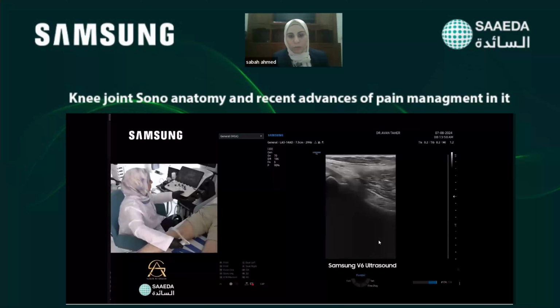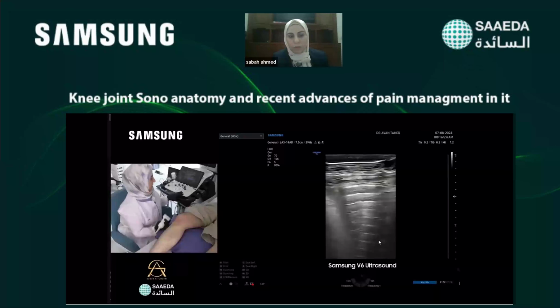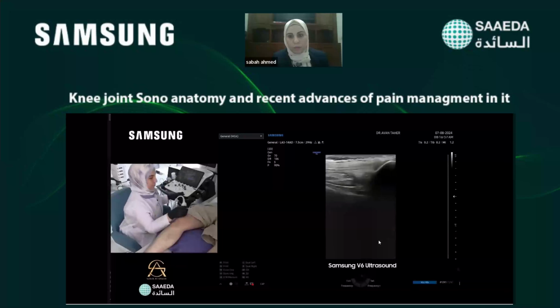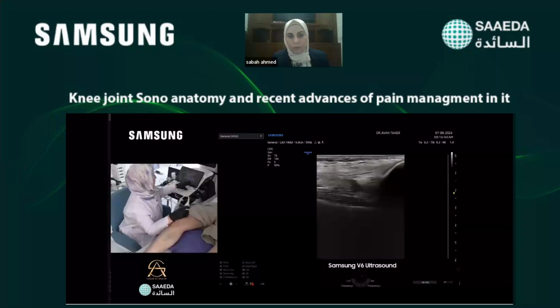Now, the most important part of the lecture is how to inject the recesses and what the approaches for doing injection are. We have three approaches. The suprapatellar approach: putting my probe longitudinally just on the patella, you can see here the suprapatellar recess.